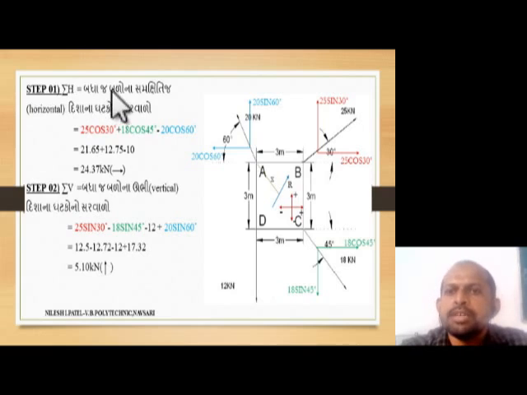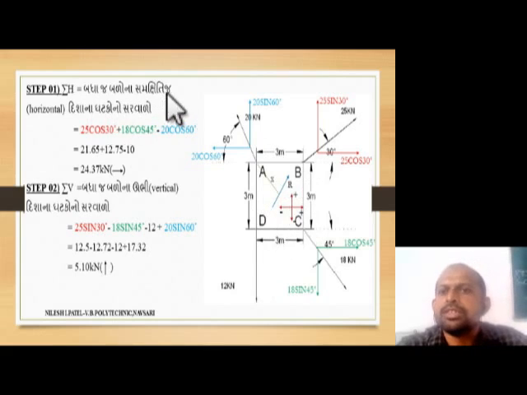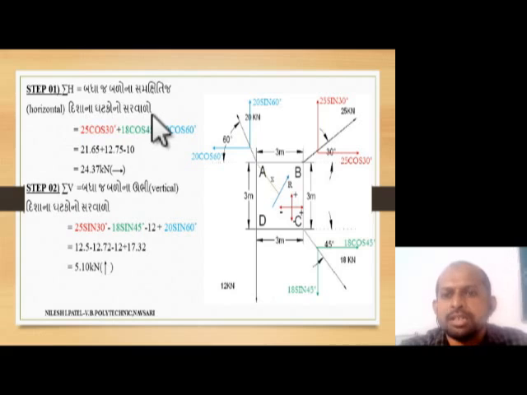બધા જે બળો આપેલા છે સિસ્ટમની અંદર ABCD સ્ક્વેર ઉપર, એ બધા જ બળોનો હોરિઝોન્ટલ એટલે કે સમક્ષિતિજ દિશાના ઘટકોનો સરવાળો કરો તો it will give you the value of sigma h.